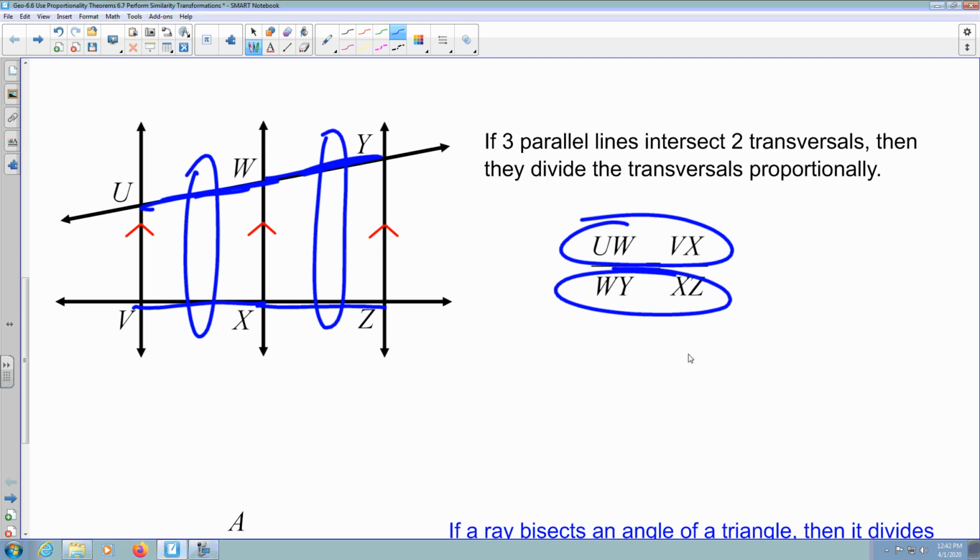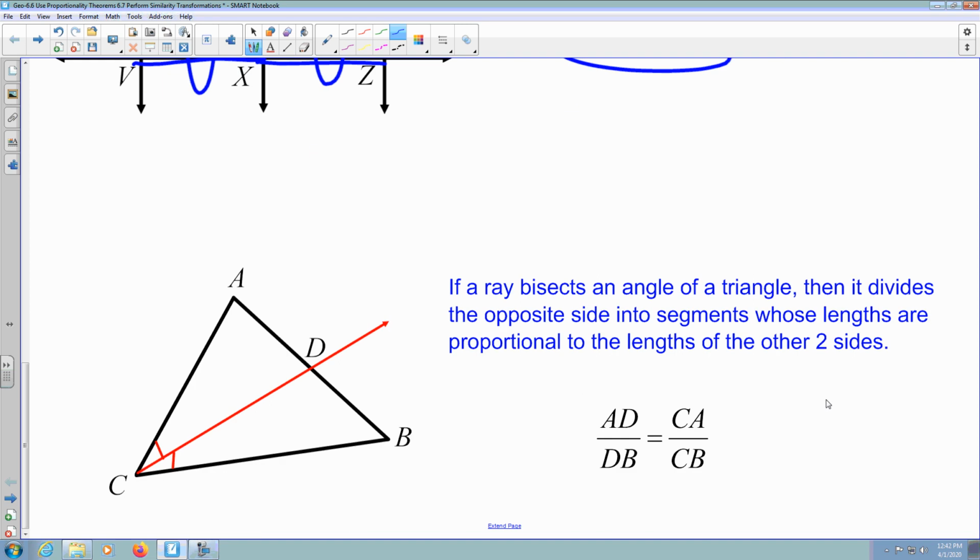And then this final theorem that we have here, it says that if a ray bisects an angle of a triangle, then it divides the opposite side into segments whose lengths are proportional to the lengths of the other two sides. So they're saying that AD, which is right here, over BD, which is right there.